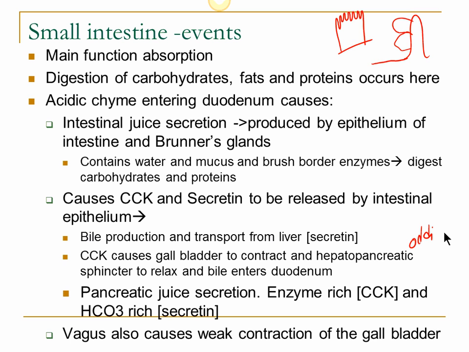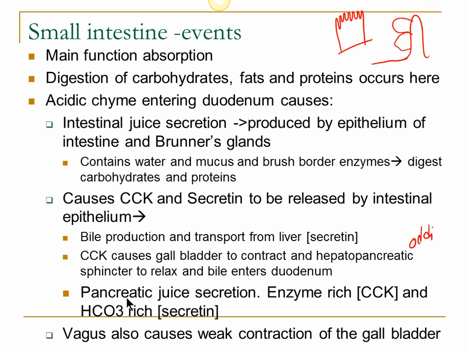Okay? So this is the function of those 2 hormones. Then at the same time, these hormones also cause pancreatic juice secretion. So not only do they cause bile production and gallbladder contraction, but they cause pancreatic juice secretion.